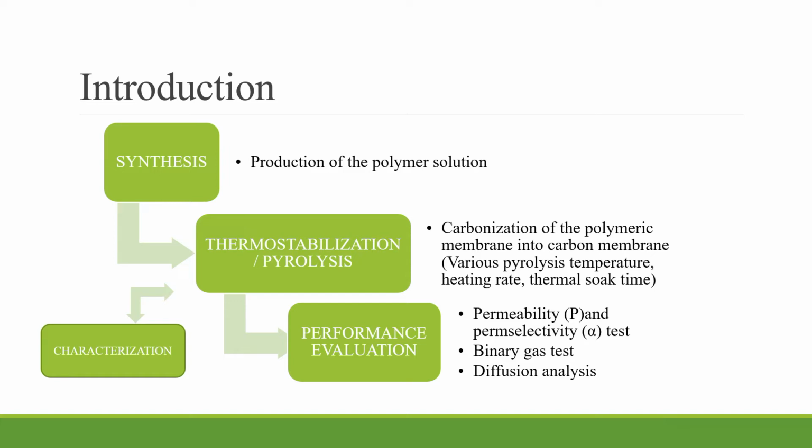The first is synthesizing the polymer solution, and then from the polymer solution we produce a polymeric membrane, and then from the polymeric membrane we convert it into a carbon membrane through thermostabilization or pyrolysis. Then we perform permeability and permselectivity tests, pure gas tests, and diffusion analysis. There are also characterization studies for this whole study.